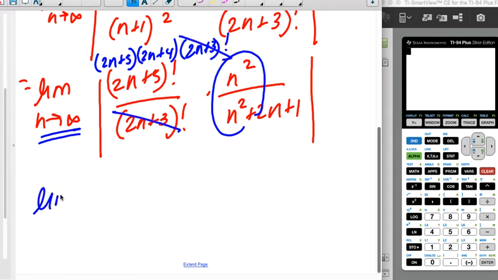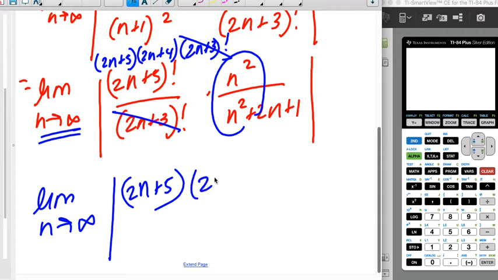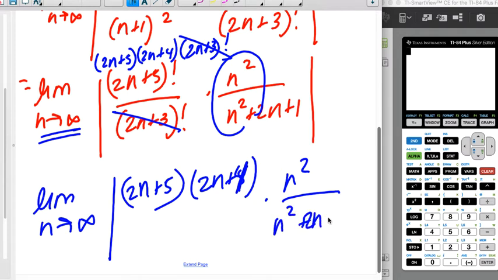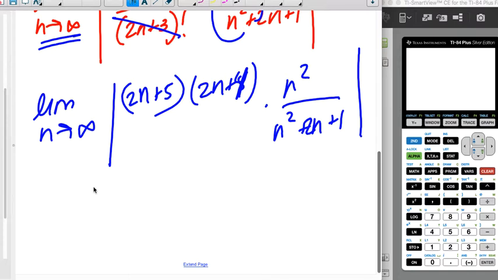So I'm going to get that this is the limit as n approaches infinity of 2n plus 5 times 2n plus 4, my bad, times this thing. So what's going to end up happening is that this is going to be infinitely large because of the power on the top. If you clean this up, the top is going to be a 4n to the 4th, because 2n times n cubed is 4n to the 4th, plus a bunch of stuff.